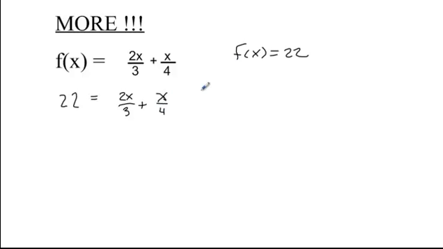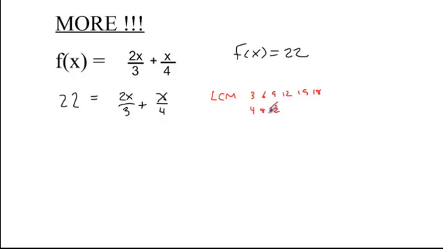So we have these denominators, 3 and 4. You remember what to do with that. You find the least common multiple of 3 and 4, and that will be 12. Here are my multiples of 3: 3, 6, 9, 12, 15, 18, and we can keep going. And for the 4: 4, 8, 12, and now we stop.